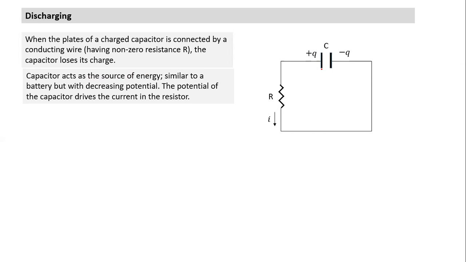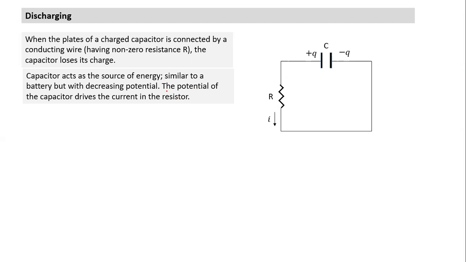A battery maintains a constant EMF or constant potential. Here, as charge keeps draining from the capacitor, its voltage keeps dropping, so the current also keeps dropping. When the charge drops close to zero, the current also drops close to zero, and this also happens at infinite time.